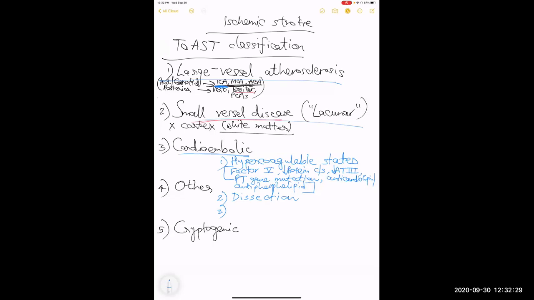How about other causes of ischemic stroke? CNS vasculitis, also called primary CNS angiitis. This is a condition that may be restricted to the brain.